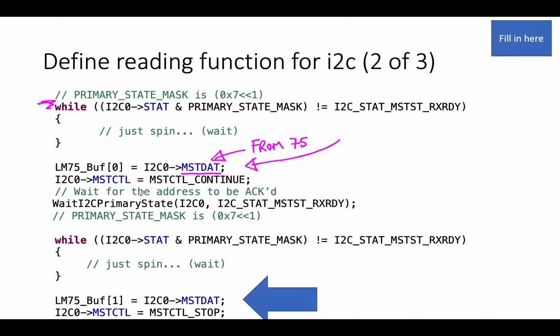Once it receives that, it knows that it has to wait a little bit more. It will spin or wait. So it's just going to wait some more, and then we have another.